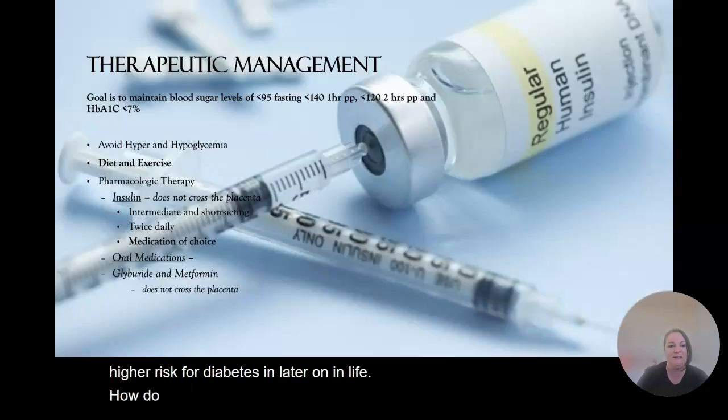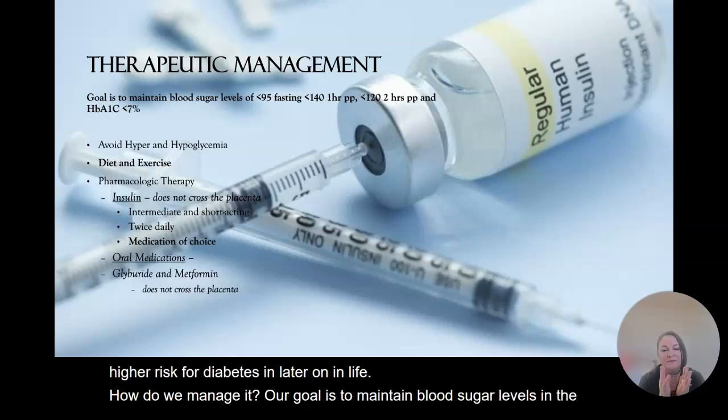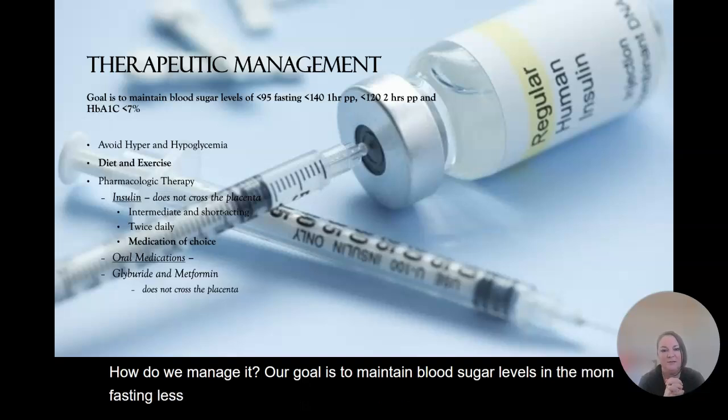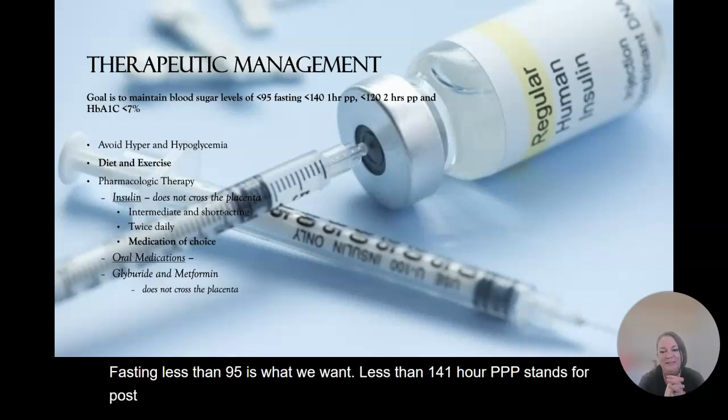We manage it. Our goal is to maintain blood sugar levels in the mom. Fasting less than 95 is what we want. Less than 140, 1 hour PP. PP stands for postprandial, which means after meals.